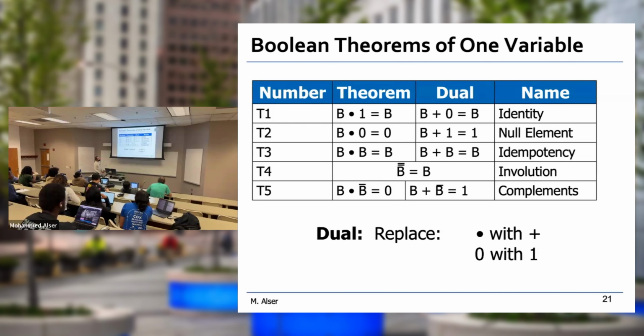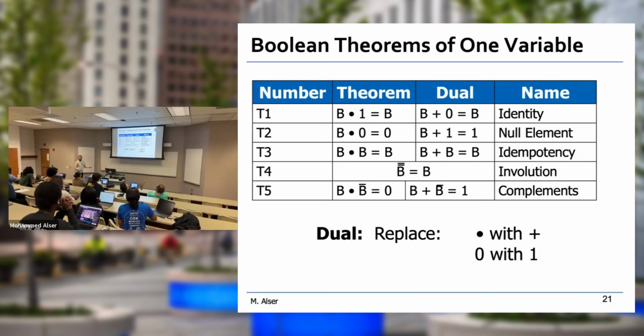All right. Let's go with the duality. Duality, remember what's duality? Just replacing the dot with the plus, the 0 with 1, 1 with 0. So you'll see, replace the dot with the plus, the 1 with 0. You'll come up with those equations, and hopefully it makes sense to you. Let's see, for example, the first one, b plus 0 equals b.